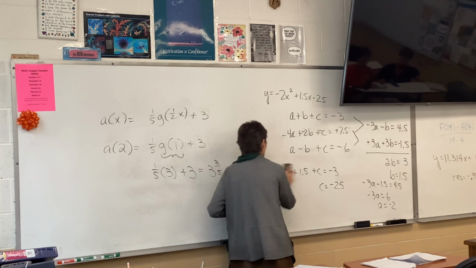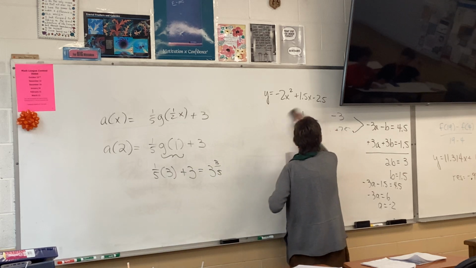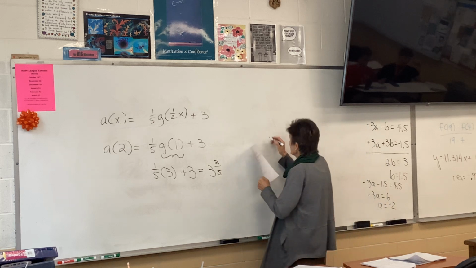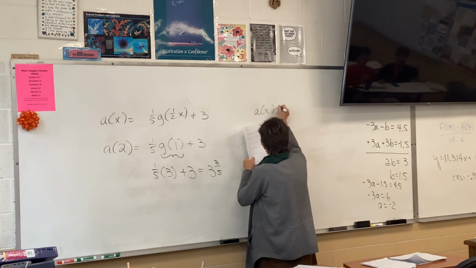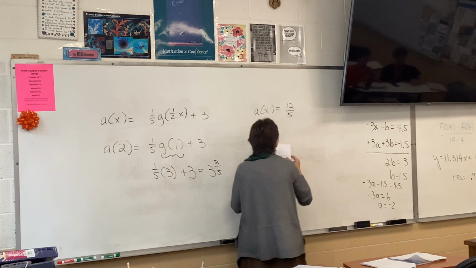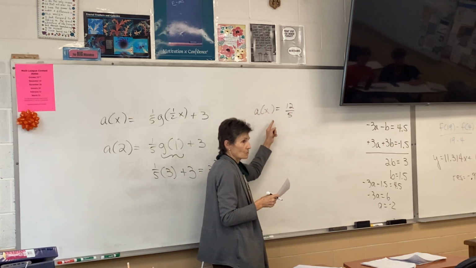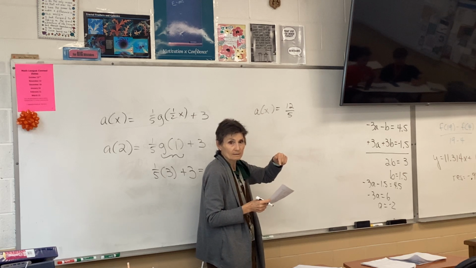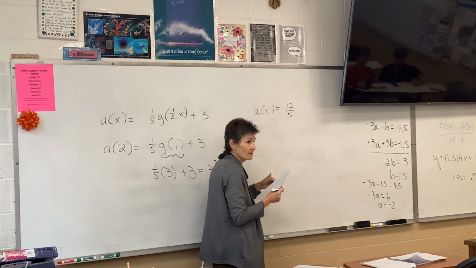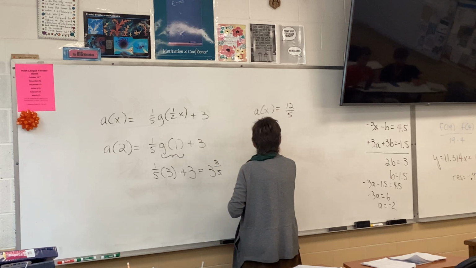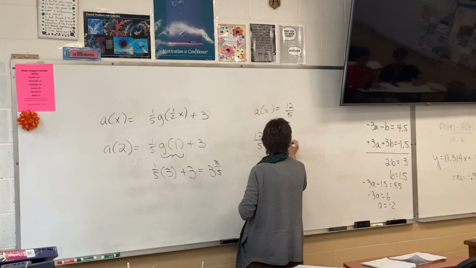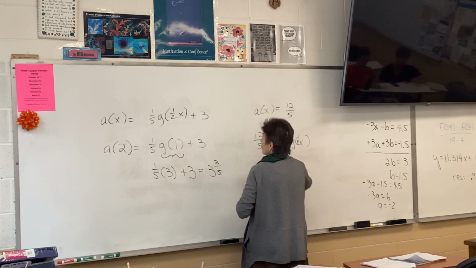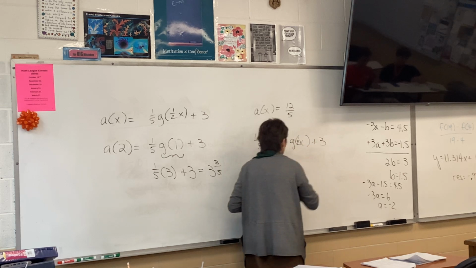Now, we're going to find x. Okay, read it. Find x so that a of x is 12/5. A of x is really just what? Y. So the y is 12/5. So 12/5 equals 1/5 g of 1/2 x plus 3.